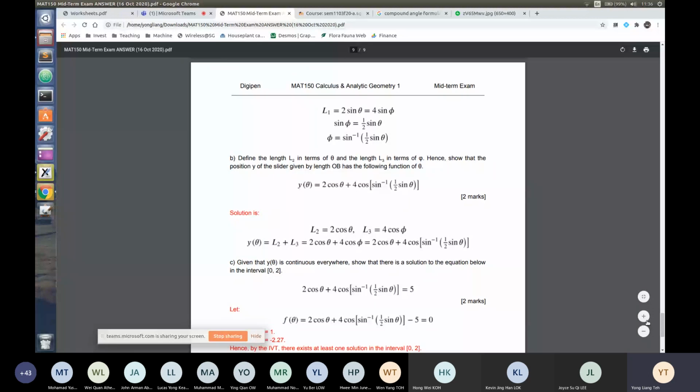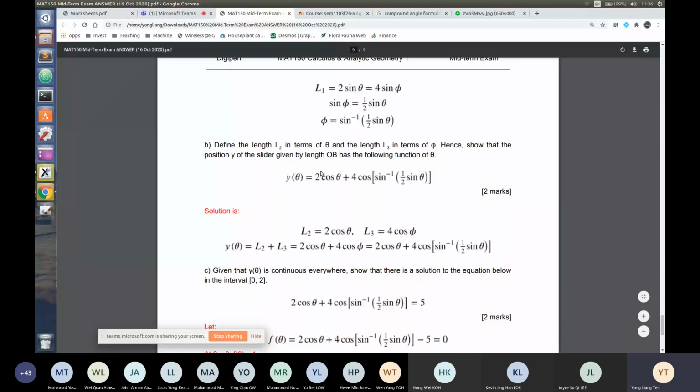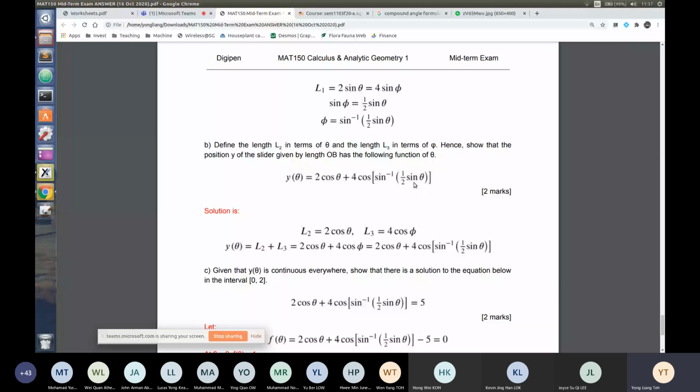So you can expect that this function is a function of cosine theta and cosine of something else, which involves sine theta as well. Eventually, you want to know the height, or rather the position, of your piston pertaining to the crank angle, theta. So this is an example of trigonometric functions being used in an actual mechanism widely applied in the real world. And this is important.